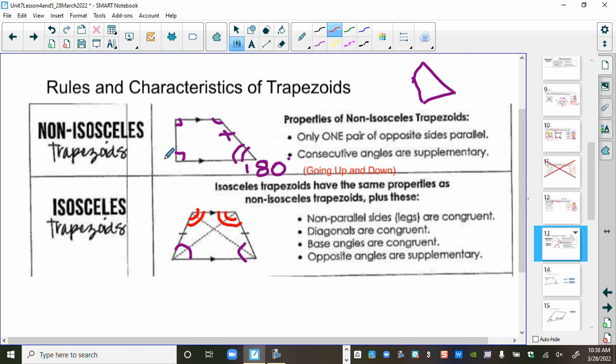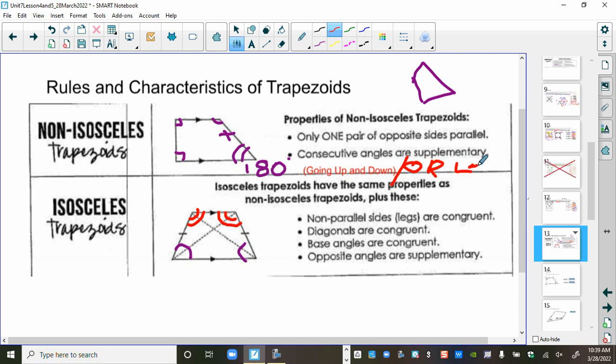Okay. I should be aware, though, consecutive angles, usually it's going up and down. So I shouldn't always say going up and down because it could be side to side. Depending on what it looks like, it could be right to left. You got to look at the problem, though, because if it's like this, then it would be side to side.